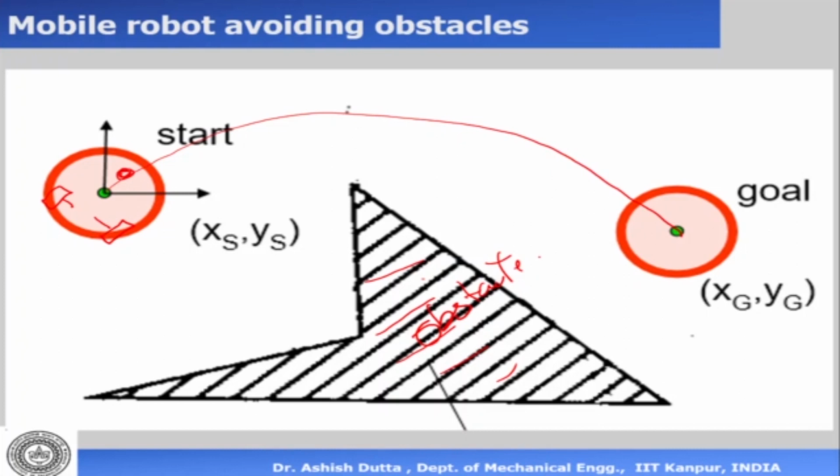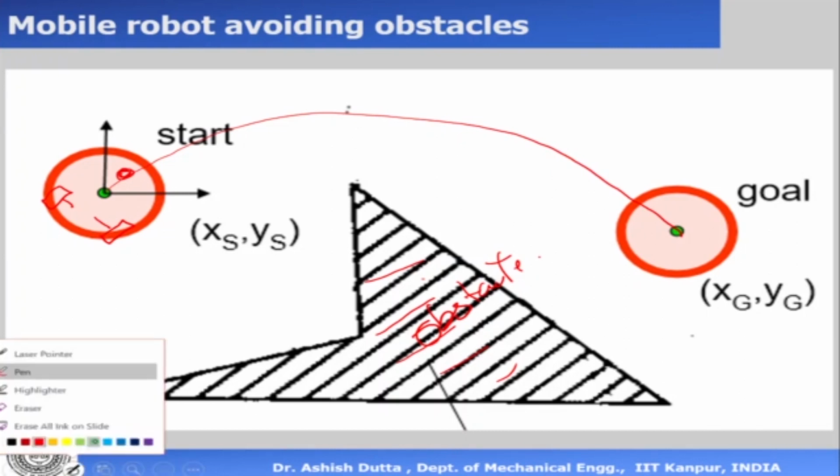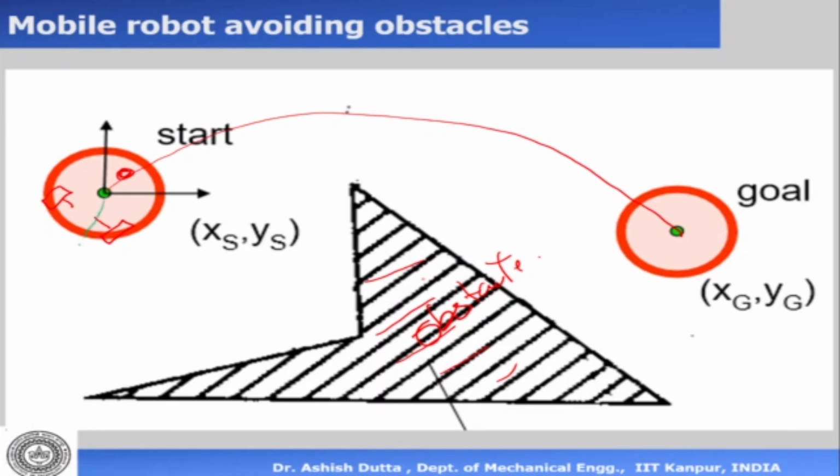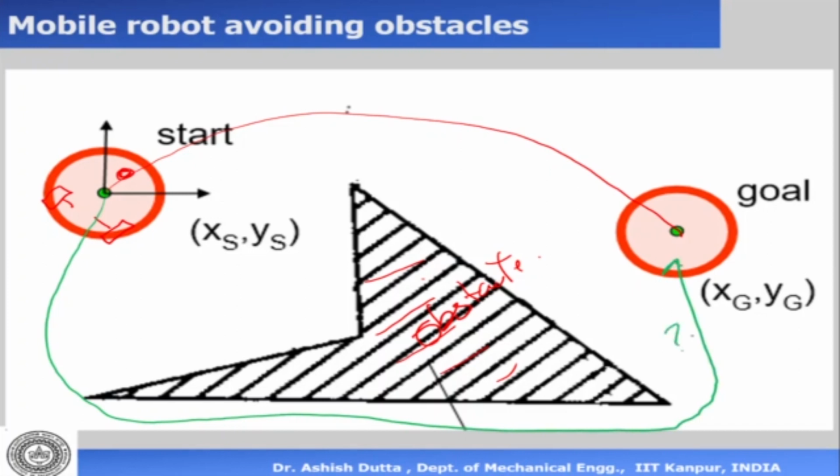Now just for asking's sake, let us say that suppose I want to find out if this path is possible. Is this path possible? Now this is the boundary of the workspace, so the robot cannot go outside there. So this end of the white part is a boundary, so the robot cannot go and hit there. It can't go this side.